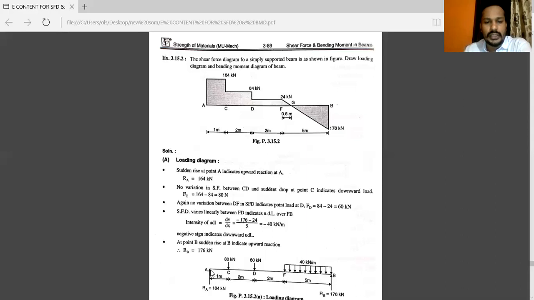From A to C, the line is straight, so you have to draw a straight line. No variation till C.